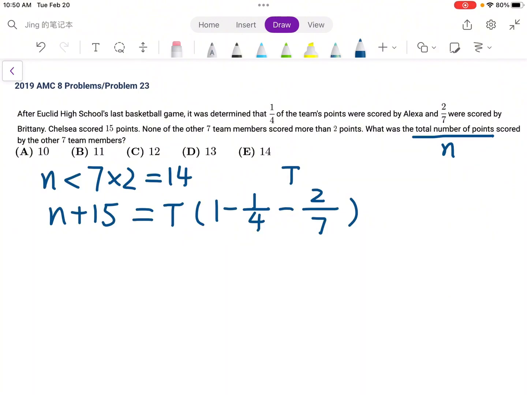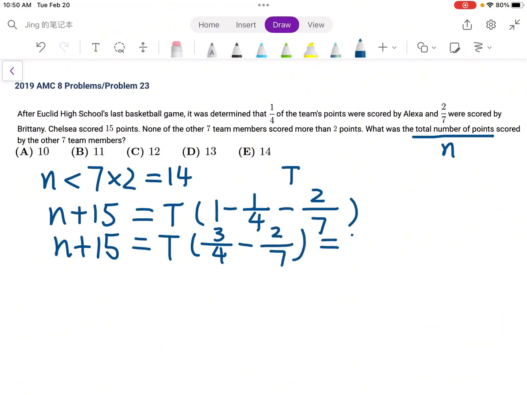Let's simplify this. n plus 15 equals T multiply 3 over 4 subtract 2 over 7, that equals T multiply 13 over 28. Because n is an integer, this means T multiply 3 over 28 is an integer.